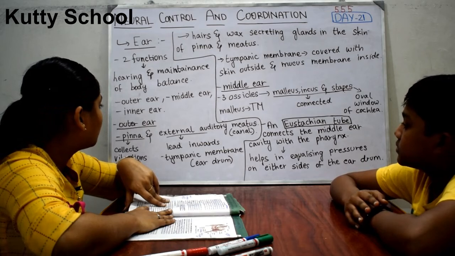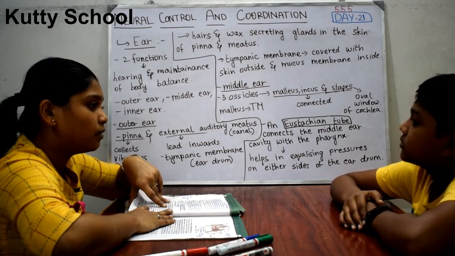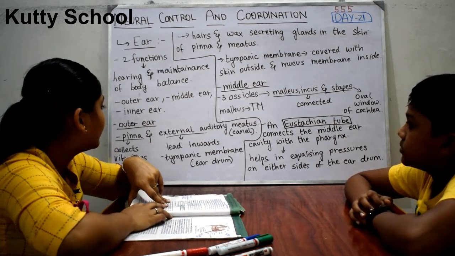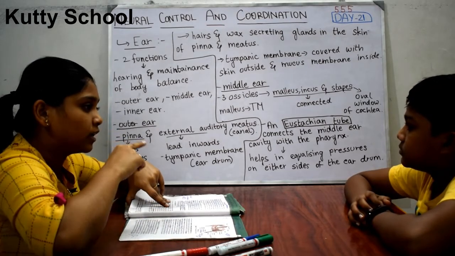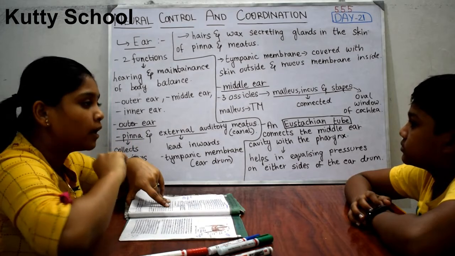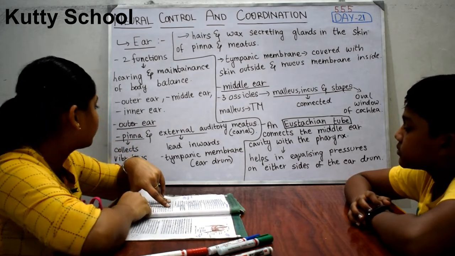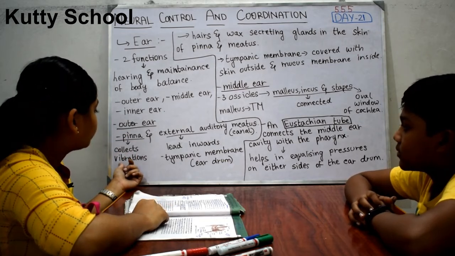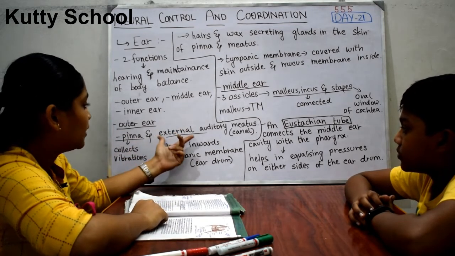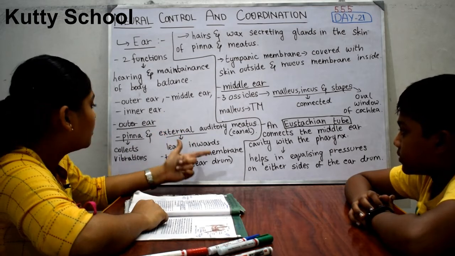The outer ear consists of the external pinna and the external auditory meatus, which is the canal connecting the pinna and the tympanic membrane. The pinna collects vibrations and transmits them to the external auditory canal.